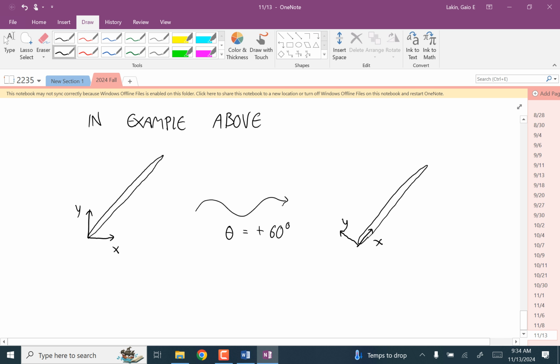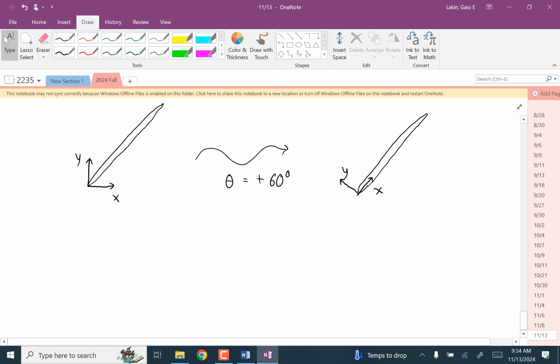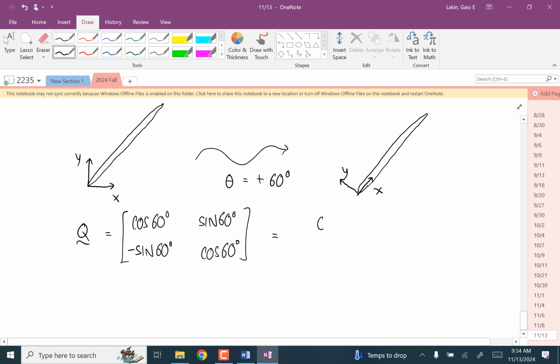Positive 60 because it's counterclockwise. And so our rotation matrix is cosine of 60, sine of 60, negative sine of 60, cosine of 60. And so that is 0.5, 0.866, negative 0.866, 0.5.